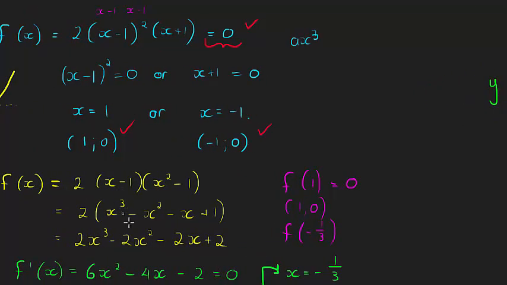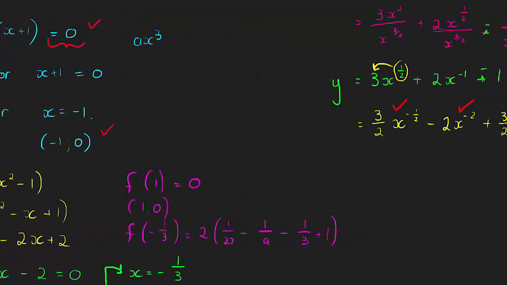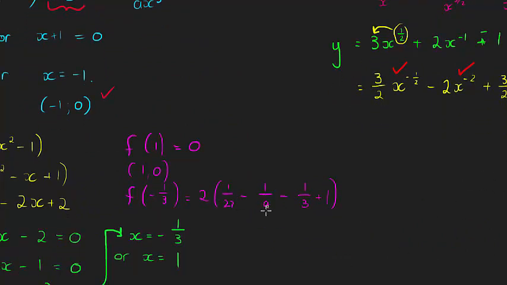Now, -1/3, I then substitute in here. 1/3 in there gives me 2 times 1/27. 2 times 1/27 minus 1/9 minus 1/3 plus 1, and then if I add all of that together, all of it must be over 27, so I'm going to make this a 3 times 3, this a 9 times 9, and this last one a 27/27.